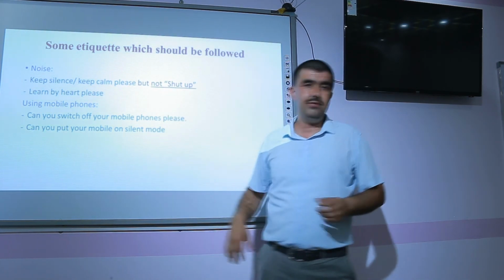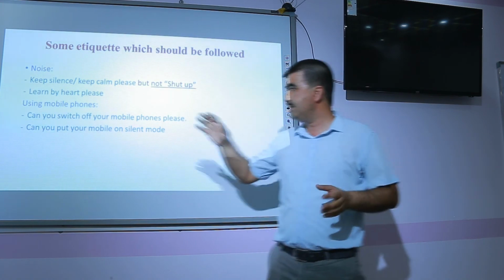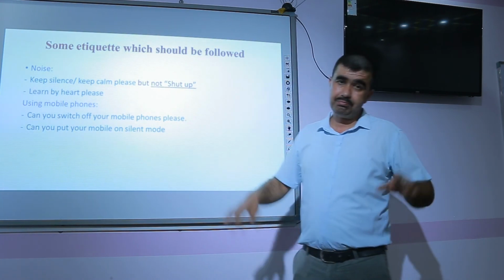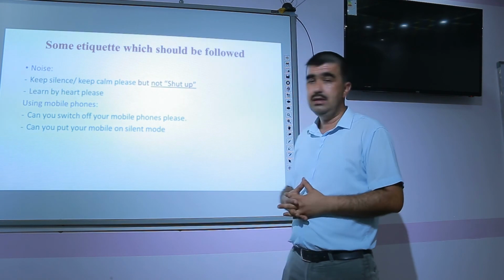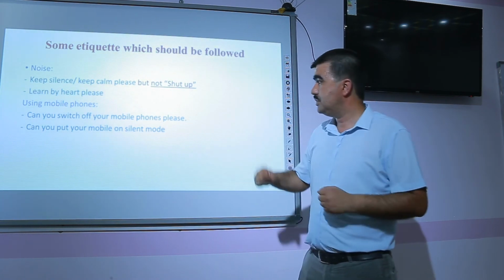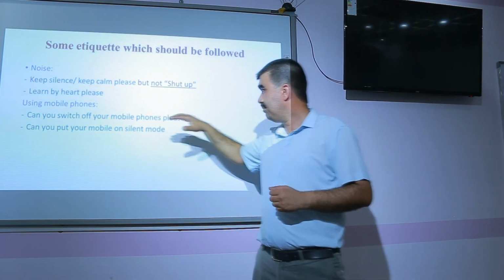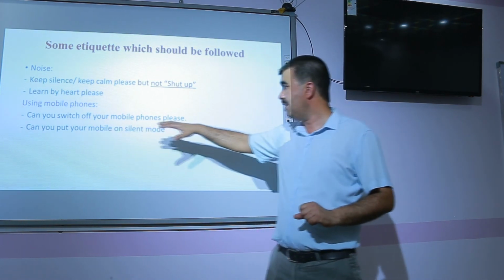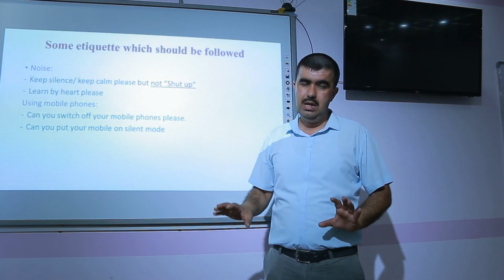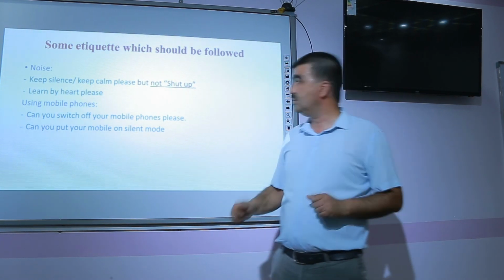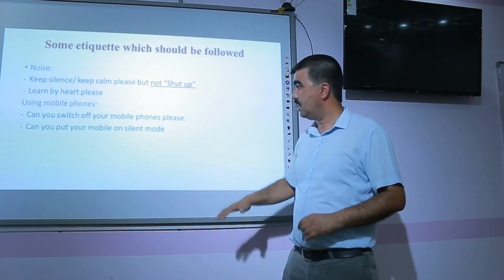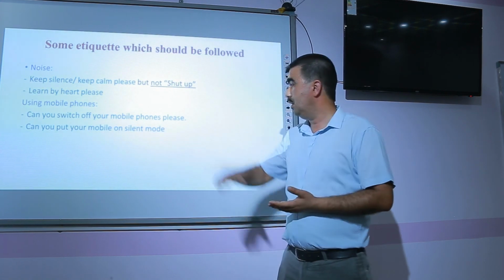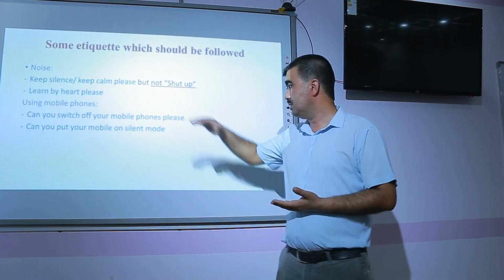You know, in Uzbekistan it's a very big problem, and that's why when the teacher begins a lesson, he should ask students, can you switch off your mobile phones please? Or can you put your mobile phones on silent mode? In this case, students should switch off their mobile phones or put them on silent mode.